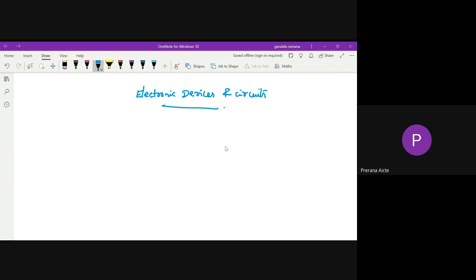Among conductors, semiconductors and insulators, which one is popular? Semiconductors are very popular these days. So what is a semiconductor?